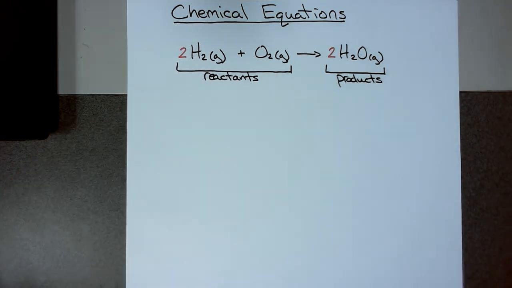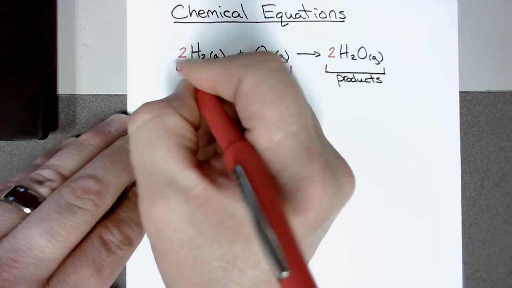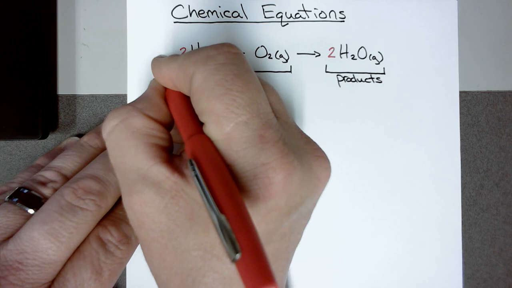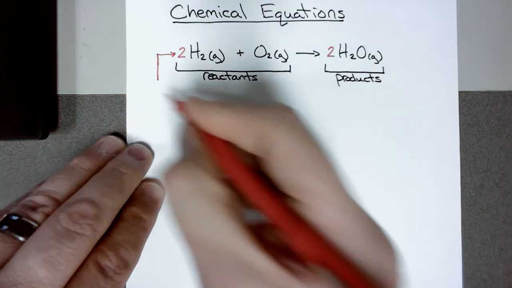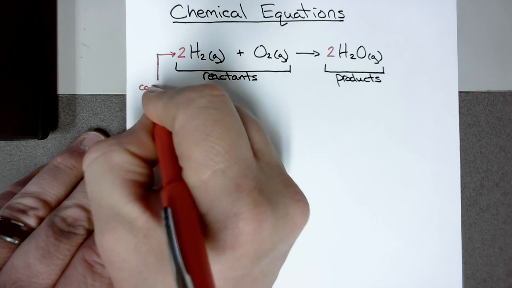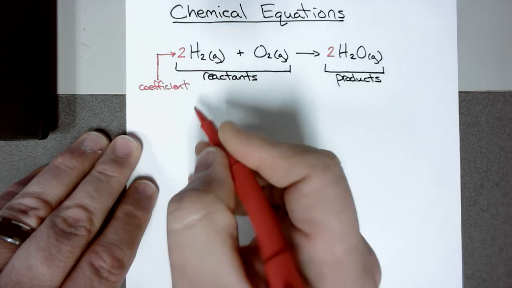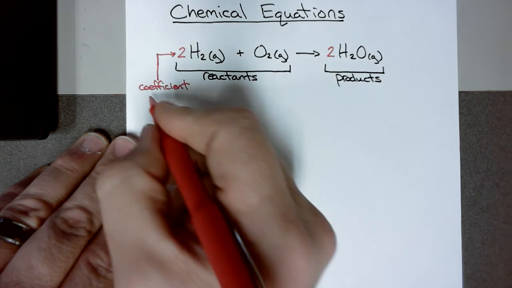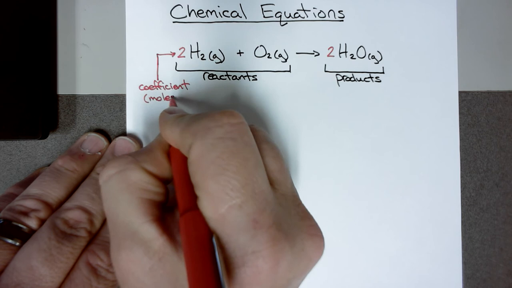Now this number here, and I'm going to do it in red, this number in red is called a coefficient. And the coefficient tells us how many molecules or moles of the substance are reacting.